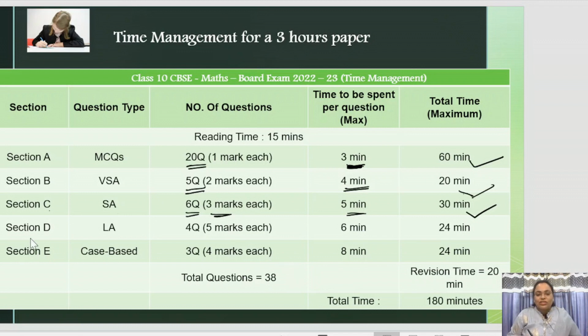The next section is Section D. It is long answer type. You will have 4 questions and each question carries 5 marks. You should not take more than 6 minutes to complete one question, so the whole of Section D should be completed in 24 minutes.